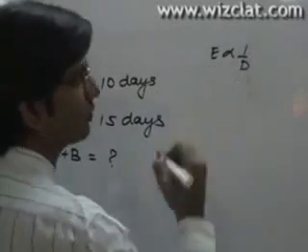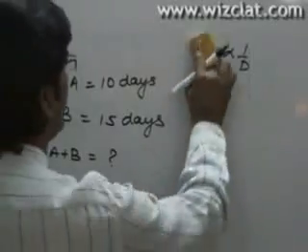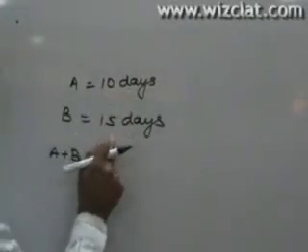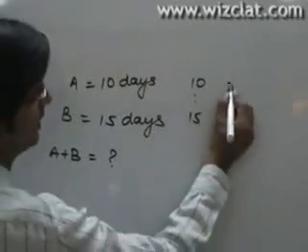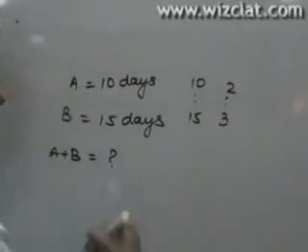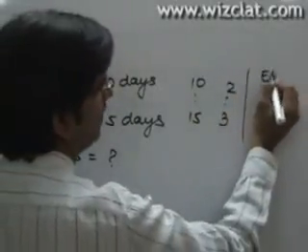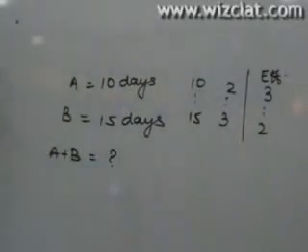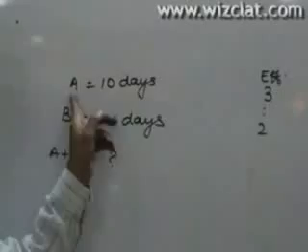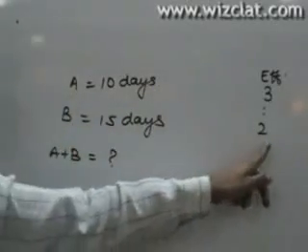They are inversely proportional. That means, if the ratio of the days taken by A and B to do a work is 10:15, that is nothing but 2:3, the ratio of efficiency will be absolutely the reverse of it, that is 3:2. It means, if I take efficiency of A as 3, efficiency of B will be 2.